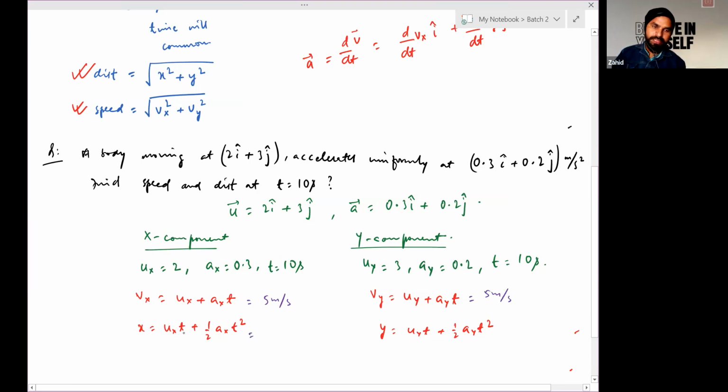For x, U is 2 into 10, 20, plus half of 0.3 into 10 into 10, so it will be 15, giving 35 meter. For y, Uy is 3 into 10, 30, plus half of 0.2 into 10 into 10, so it will be 40 meter.